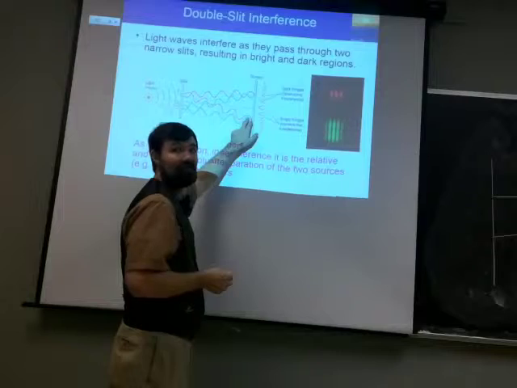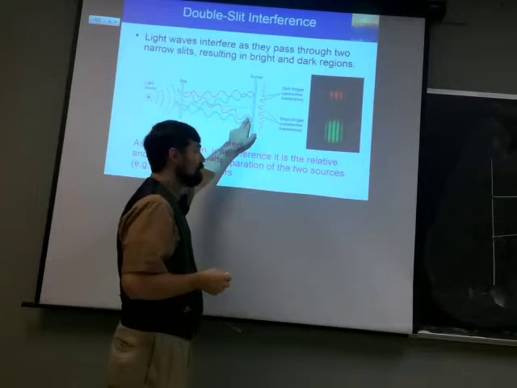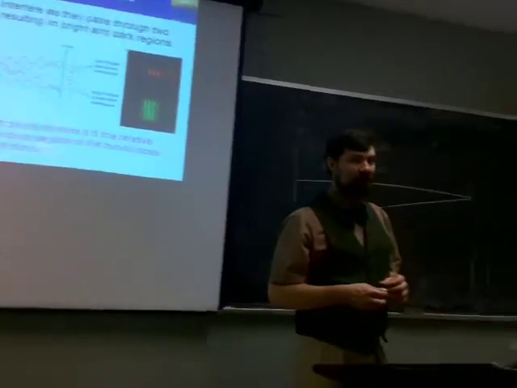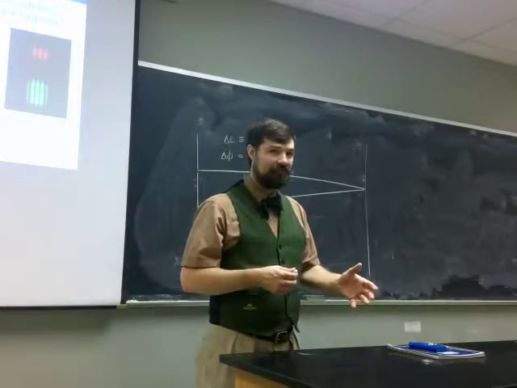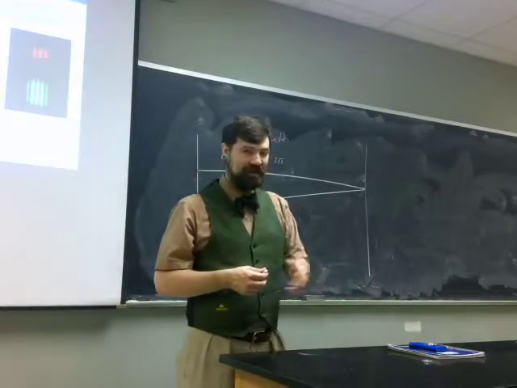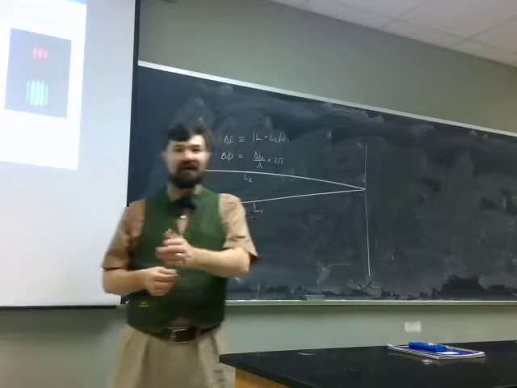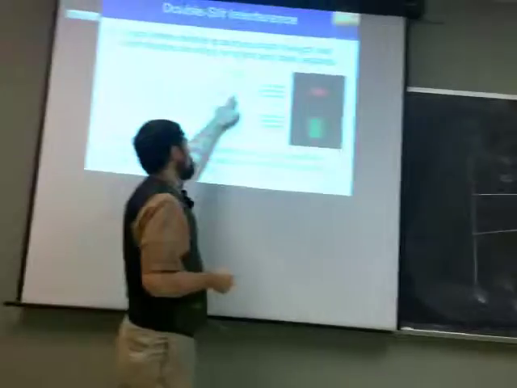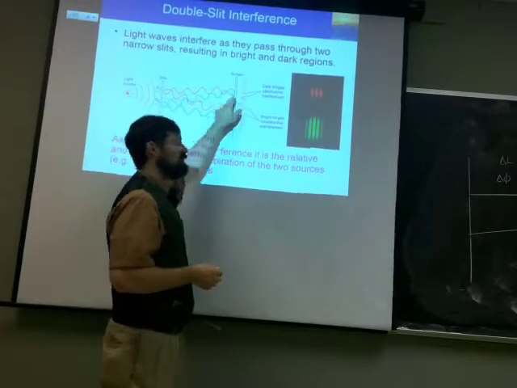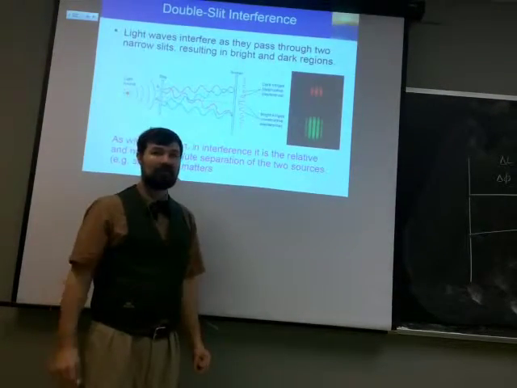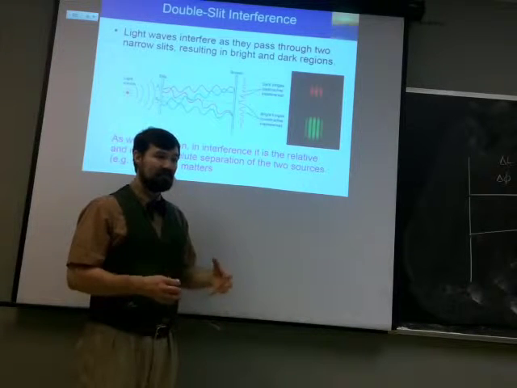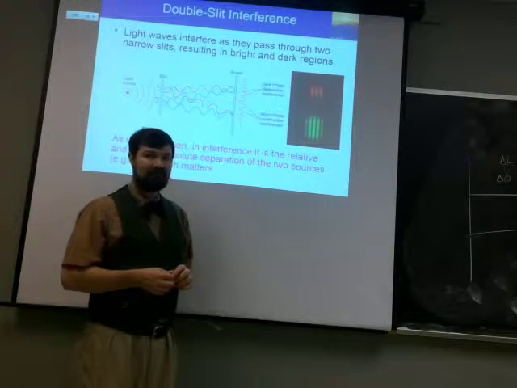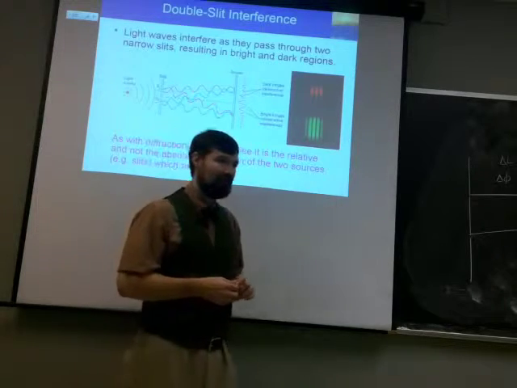Both peaks arrive at the same point. If it is half of an integer, 1/2, 3/2, 5/2, etc., then you get this condition where you get a peak and a trough arriving at the same location. If you get a peak and a trough arriving at the same location, you get a dark spot. No light is there.